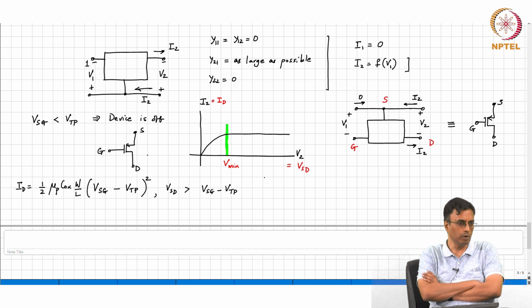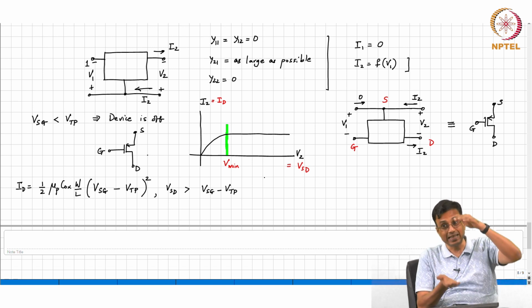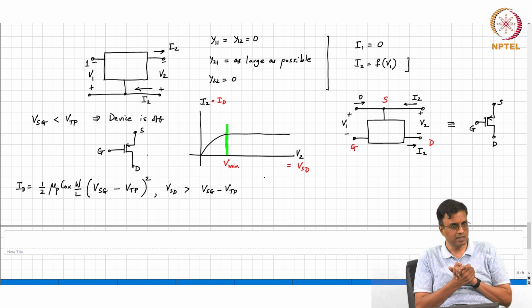In the case of a PMOS transistor, do we want the drain potential to be as low as possible or as high as possible? We want the drain potential to be as low as possible so that VSD becomes very large to maintain the transistor in saturation.